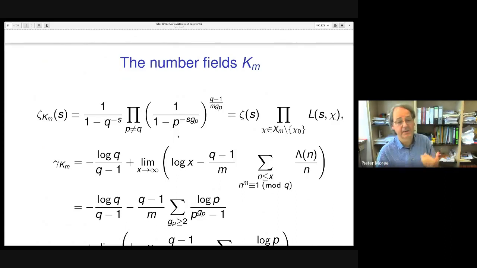So in K_2, this would be the primes such that p squared is congruent to 1 mod q split completely. And these are, of course, the primes such that p is congruent to 1 or p is congruent to minus 1 mod q. Those are the primes that split completely in that field. And so the Dedekind zeta function has a factorization into the Euler L-series, which is written down here.